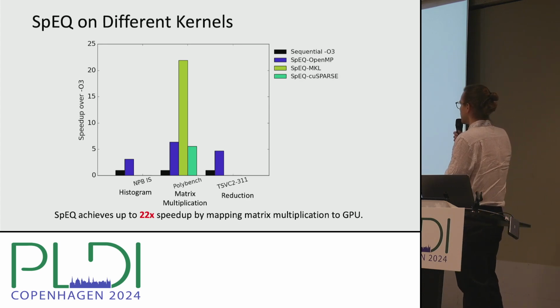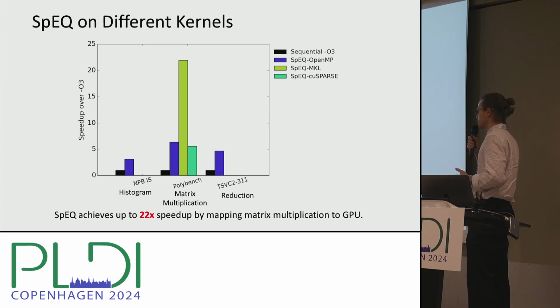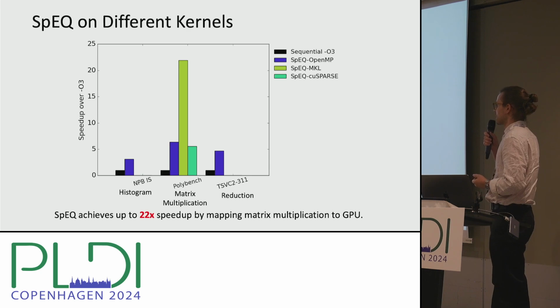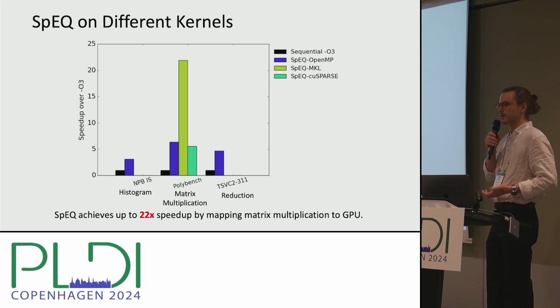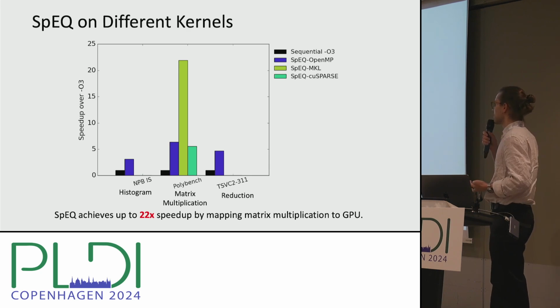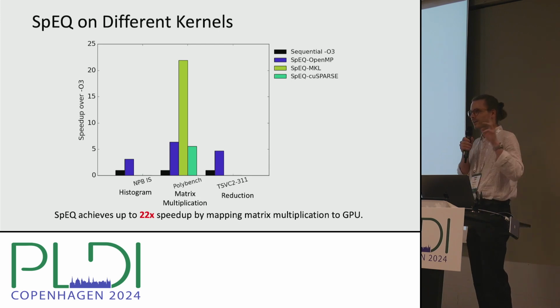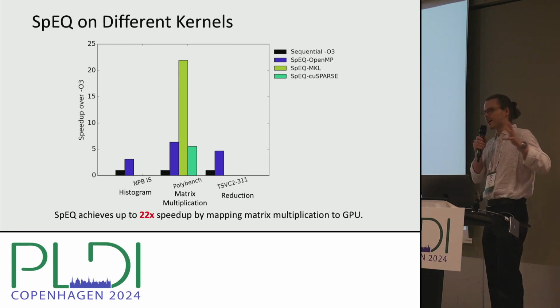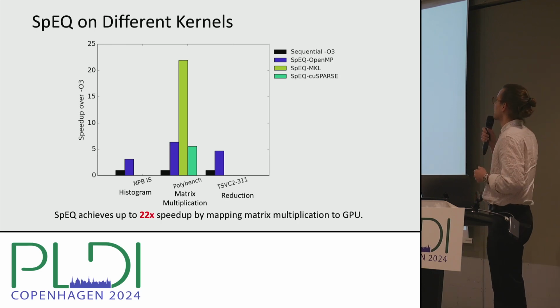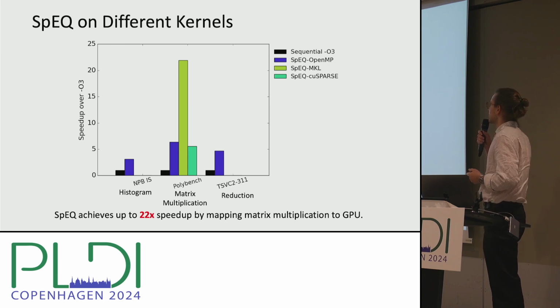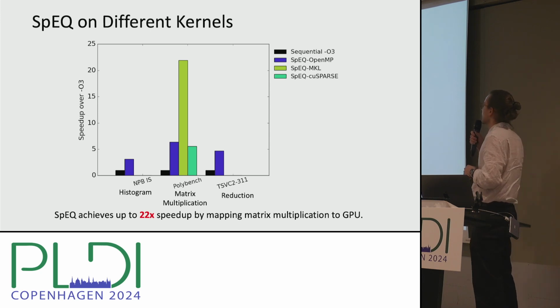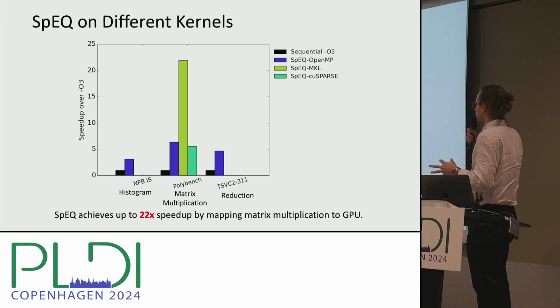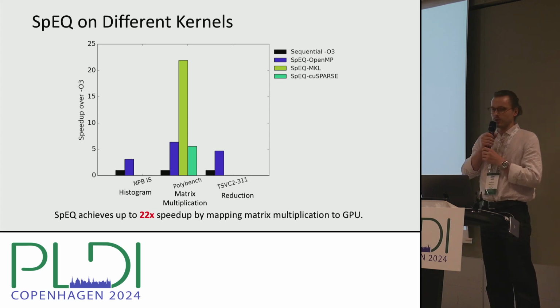In this example, we have three different backends that we use. One of them, which we're calling the DSL, is OpenMP. In a sense, OpenMP is, you could argue, a DSL. And then MKL and cuSPARSE and cuBLAS for dense codes. Those are the libraries that we offload to.